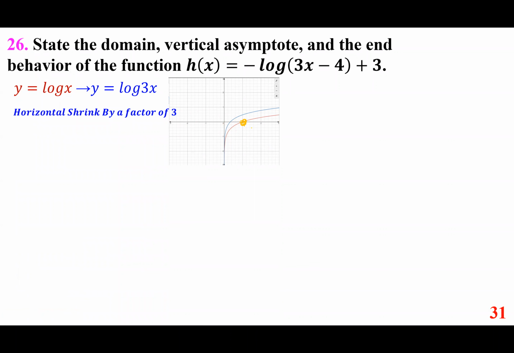So first, this was located at (1, 0). And now we have this point located at (1/3, 0). We want to be absolutely clear as to what happens with the transformation.